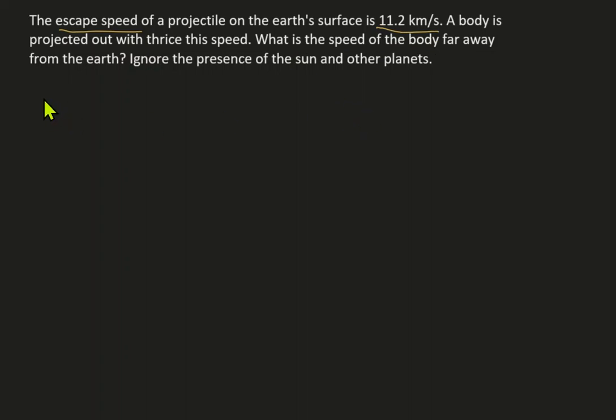So let me put V escape is equal to 11.2 km per second. This should be immediately converted into meter per second. So 11.2 into 10 power 3 meter per second.